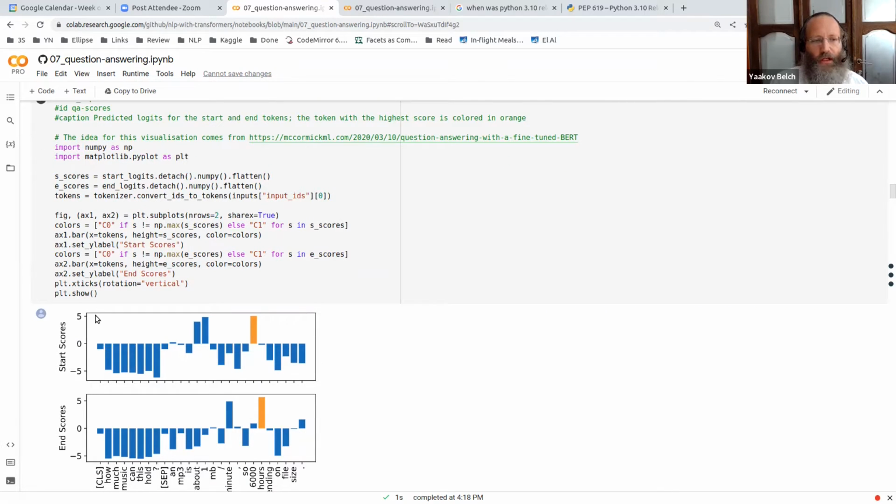So we want the model to detect where it starts, 6,000, and where it ends, hours. The model also says that one is a very likely start of an answer, and minute is also a very likely end, but not as much as this answer. If that answer didn't exist, the model would give us the answer 1 megabyte per minute, which is actually a wrong answer.